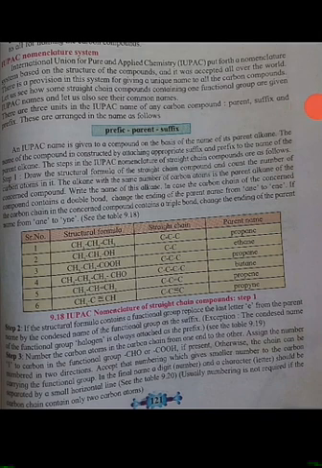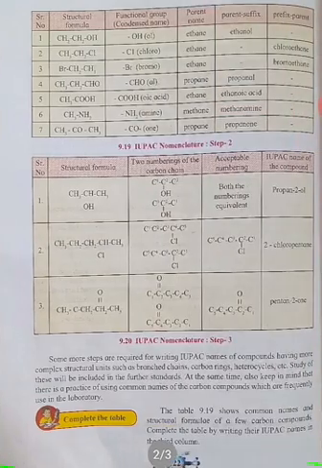Next, step 2. If the structural formula contains a functional group, the last letter E of the parent name is replaced by the considered name of the functional group as the suffix. For this, we refer to table number 9.19.